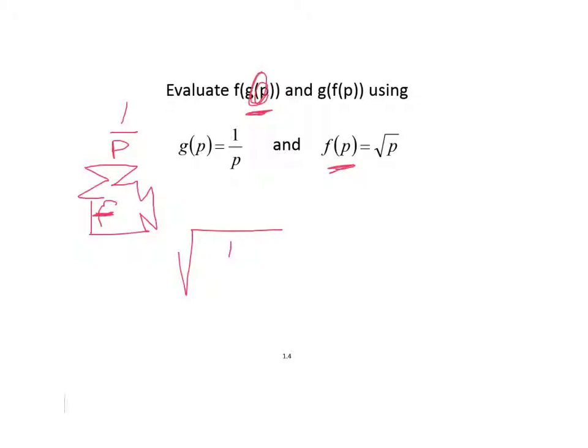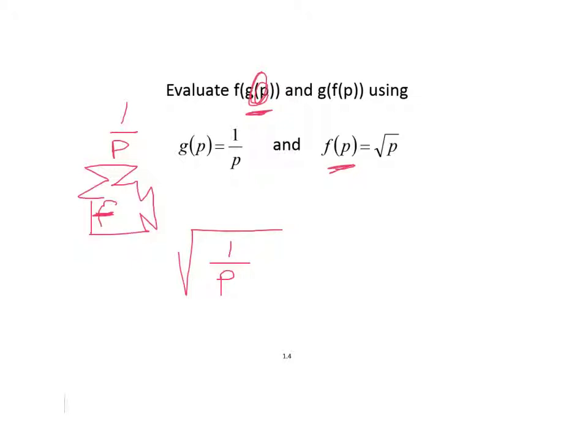What do I write? Square root of 1 over p. Now you don't have to draw a box, but okay. When we're taking the square root of a fraction, what can we do? How can we clean that up a little bit?